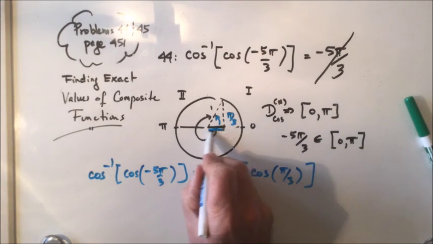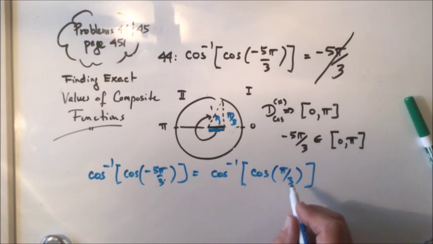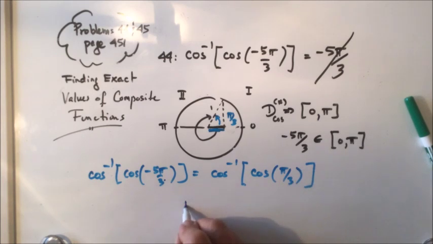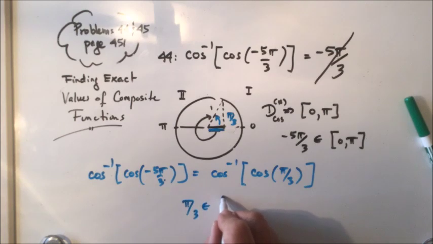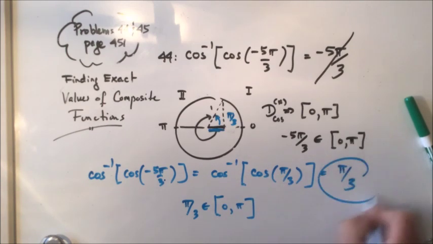It's because we're talking about the same value of cosine going into the arc cosine function. And since pi over 3 is an element of the restricted domain, all is good, and we can go ahead and take the arc cosine of the cosine and get pi over 3. And that's the answer to 44.